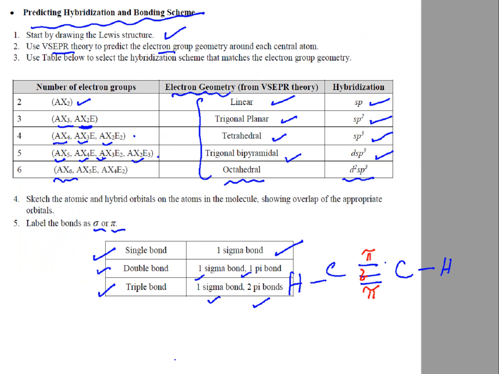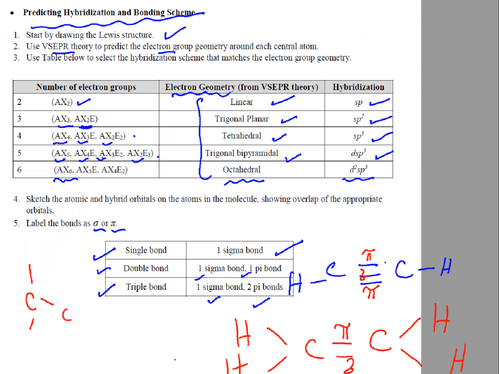But if you have a molecule like ethene with a double bond between the carbon atoms, one bond will be sigma and the other will be pi. Whereas in methane molecule, because all bonds are single, all bonds are sigma. Even if you have any other molecule with so many carbon atoms, if they are just single bonds, all single bonds are sigma bonds.